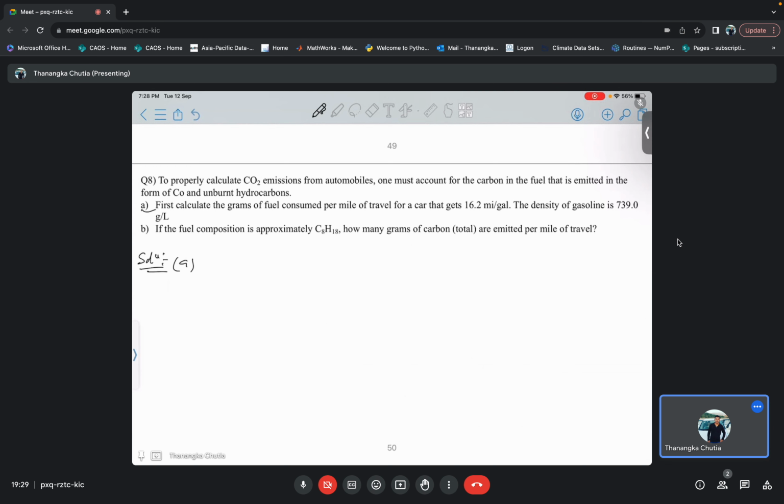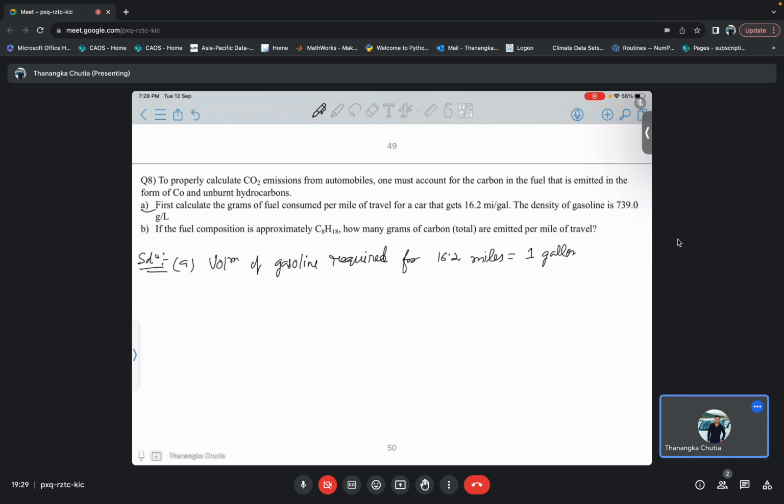Okay, volume of gasoline required for 16.2 miles is equal to 1 gallon.